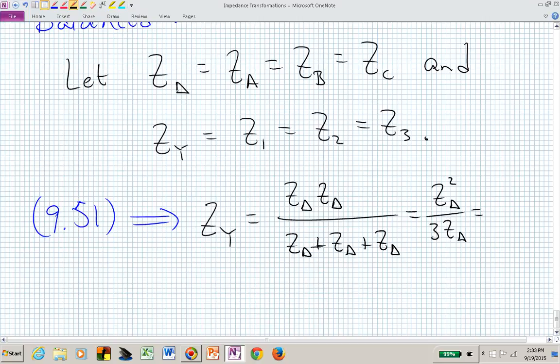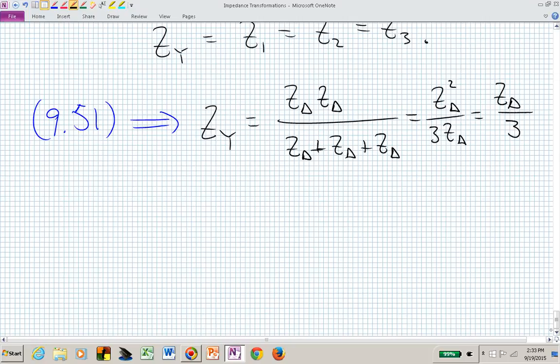We can divide out one of those Z deltas from both numerator and denominator, and we end up with Z sub Y actually being a factor of 3 less than the Z deltas.